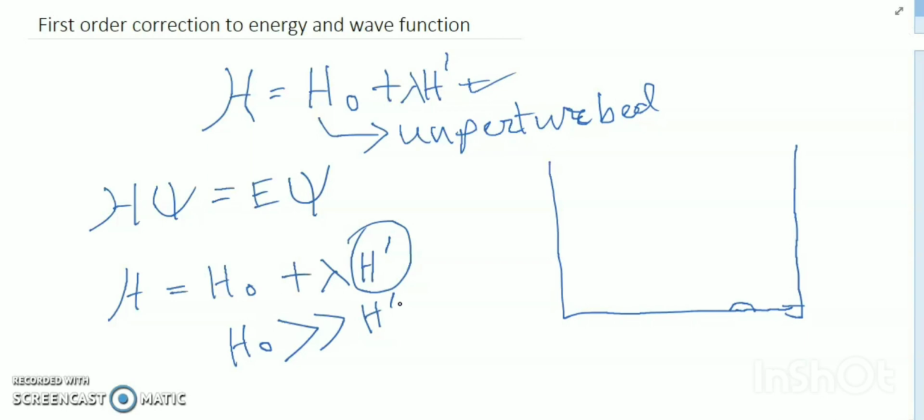The lambdas will end up dropping out, as we will see.